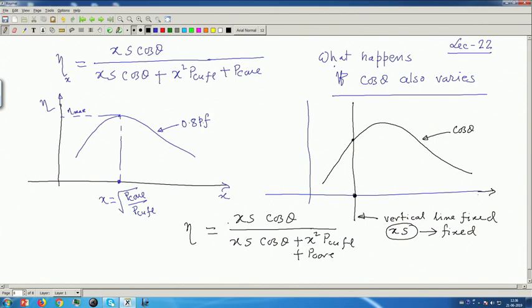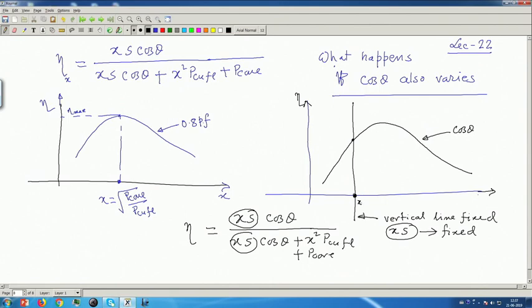This is the efficiency expression. What I am telling now, to understand how efficiency will vary if you vary theta, is that I will keep this constant. At a given kVA, I will vary the power factor. What is this kVA?